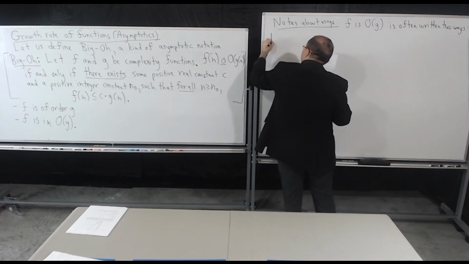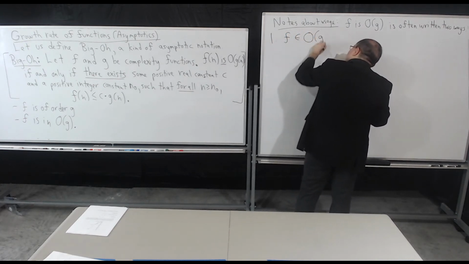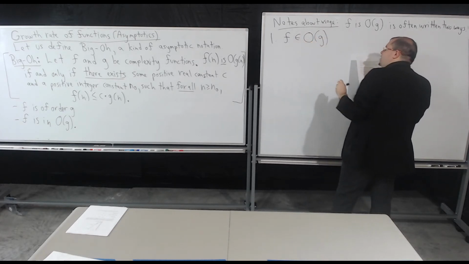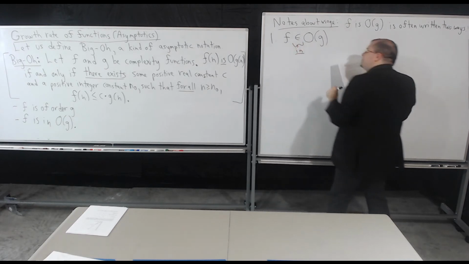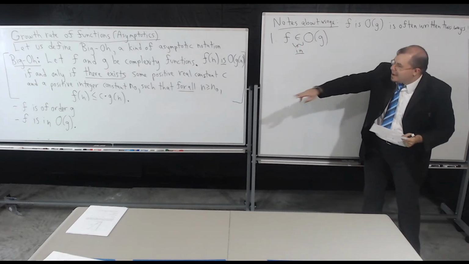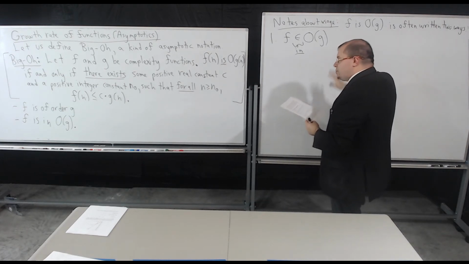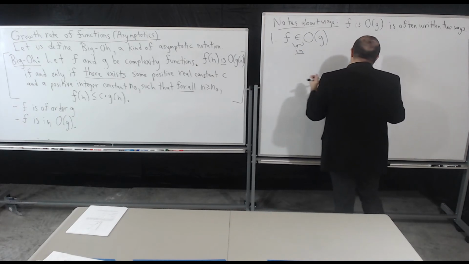So the first one is that oftentimes you write f is in big O of g like this, or you say f of n is in big O of g of n, where this, in set theory, means in. That's why I said over there it's in. Some people will write it this way. This is technically the mathematically correct way of writing this. However, you'll find it's not necessarily useful in all settings.